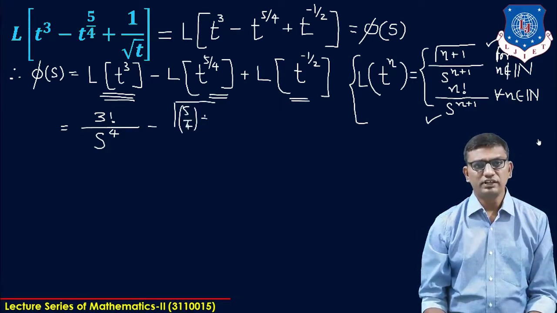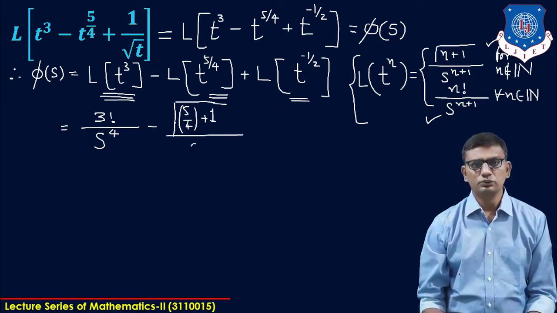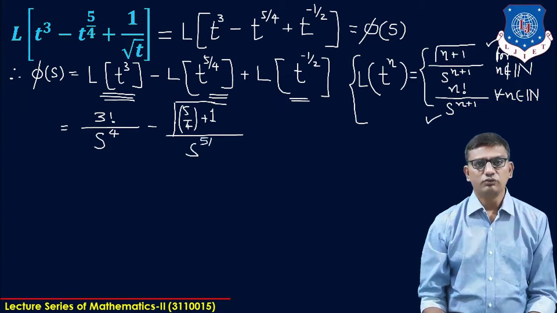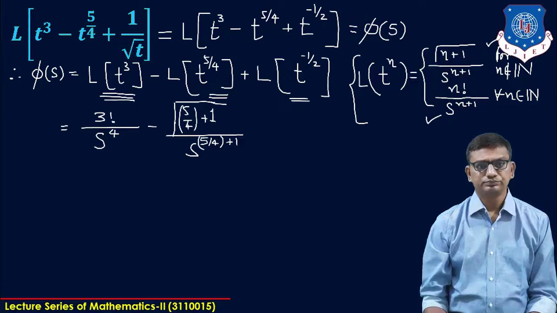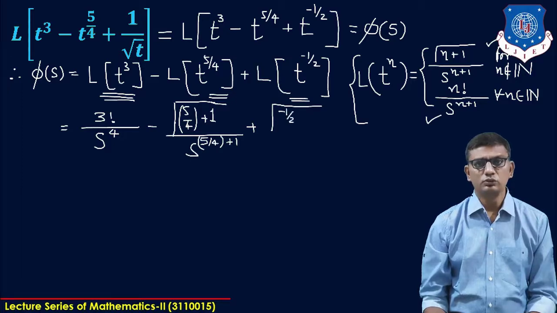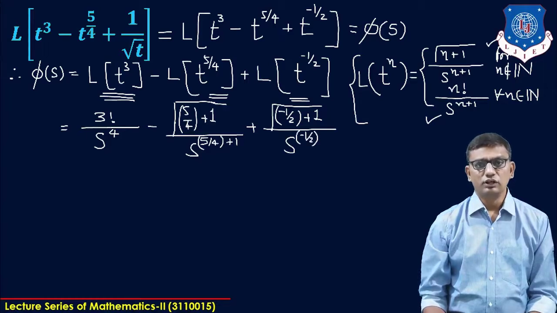In the second part we have gamma of 5 by 4 plus 1 upon s raised to 5 by 4 plus 1 plus, now in the last term we have gamma of minus 1 by 2 plus 1 upon s raised to minus 1 by 2 plus 1.